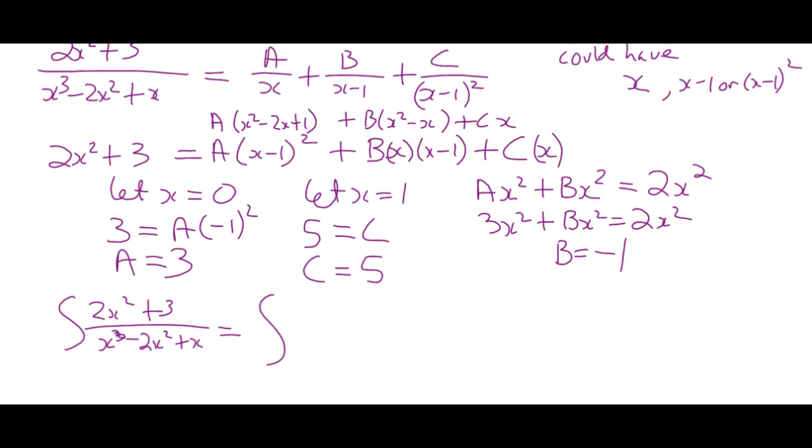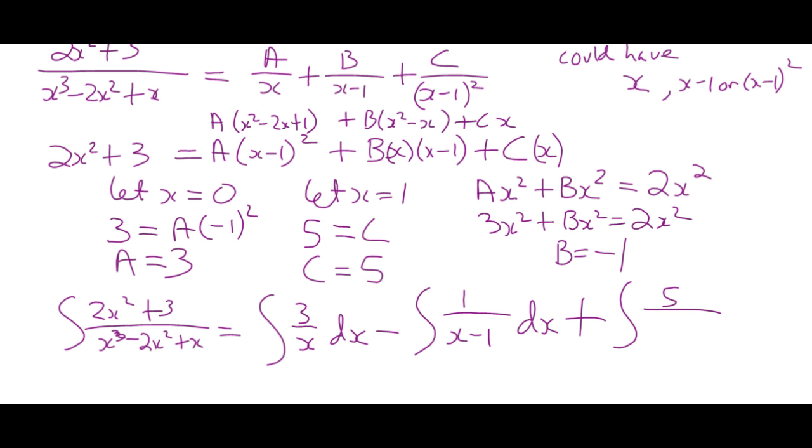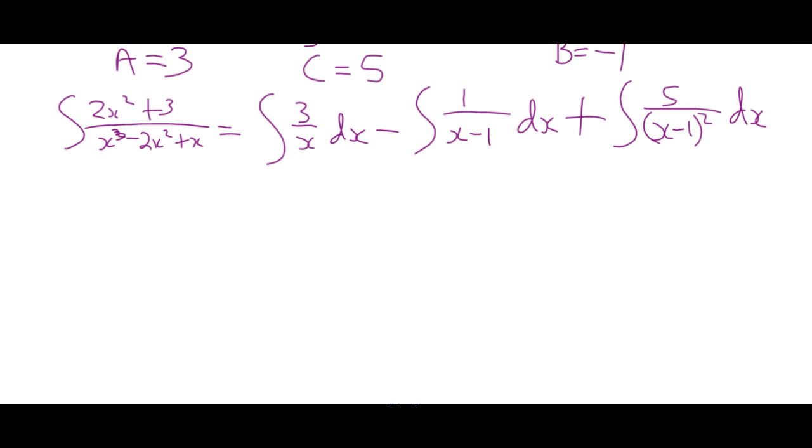So a gives 3 over x, the integral of 3 over x dx. B is minus, so minus the integral of 1 over x minus 1 dx. And c is positive, so plus the integral of 5 over x minus 1 squared dx.